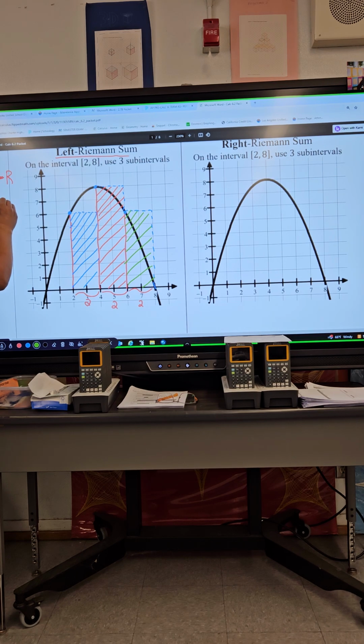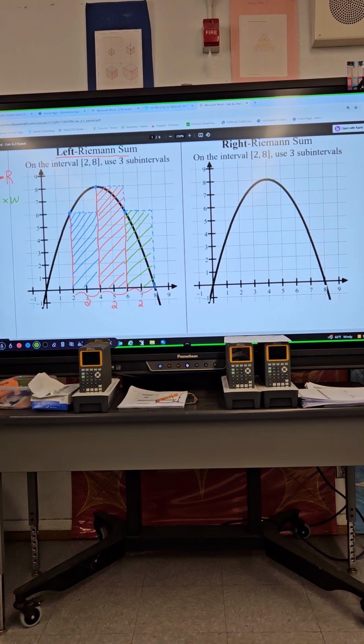Length times width. Do you get me? But is this the length? The length serves as the height, right? What is the length of f of 2? 6. What is the length of f of 4? 8. What is the length of f of 6? 6.